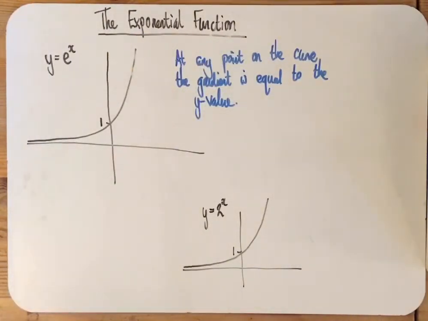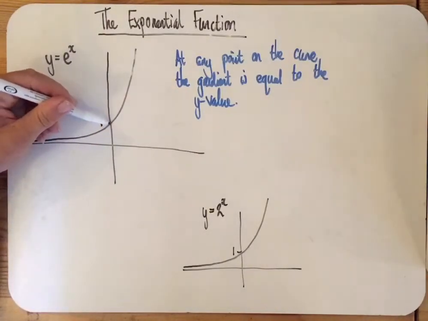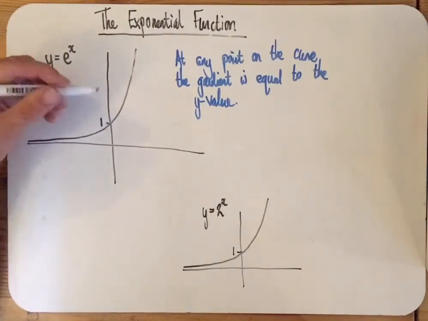So it's actually the only curve where the gradient of the curve is equal to the value of the function. So for instance here, where y is equal to 1, the gradient will be 1.